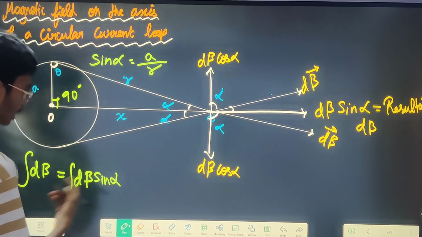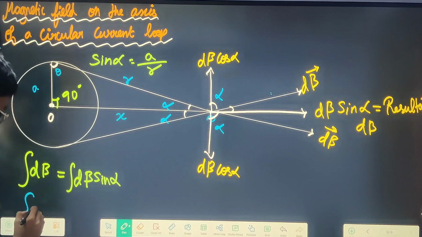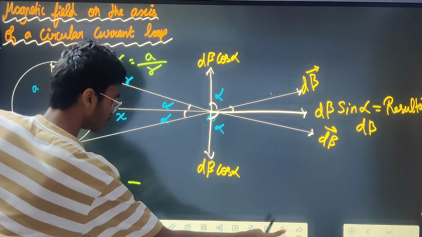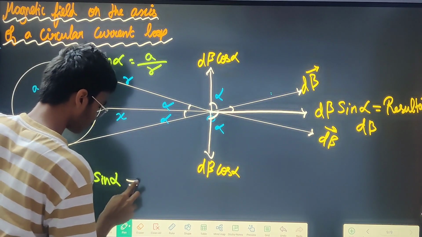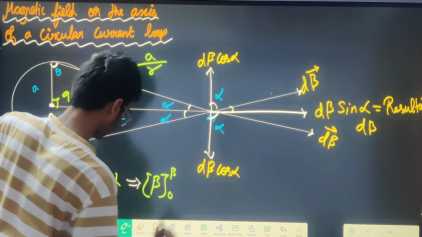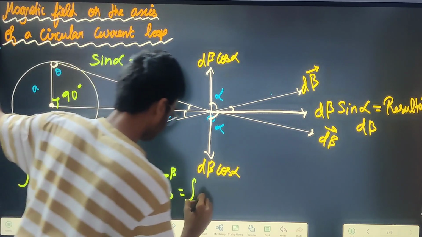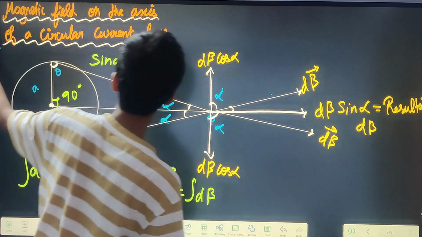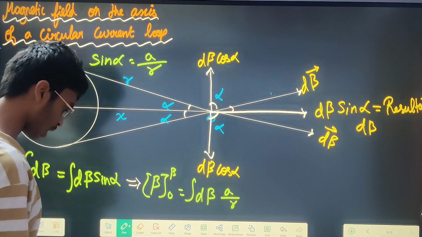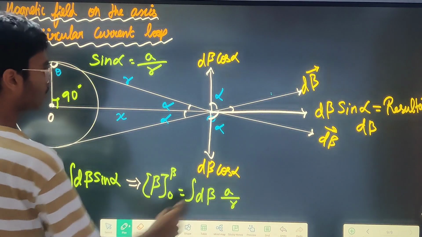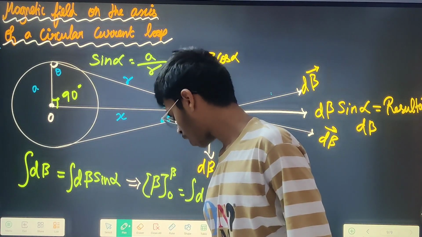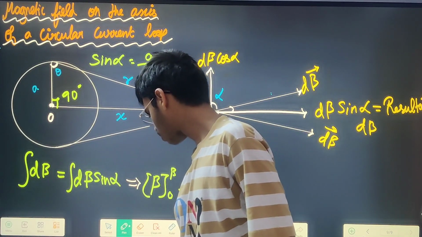So instead of sin alpha, I can write it as: B is equal to dB times A by R. Now in place of dB I can substitute that formula, and I am going to keep mu naught by 4 pi as a constant.